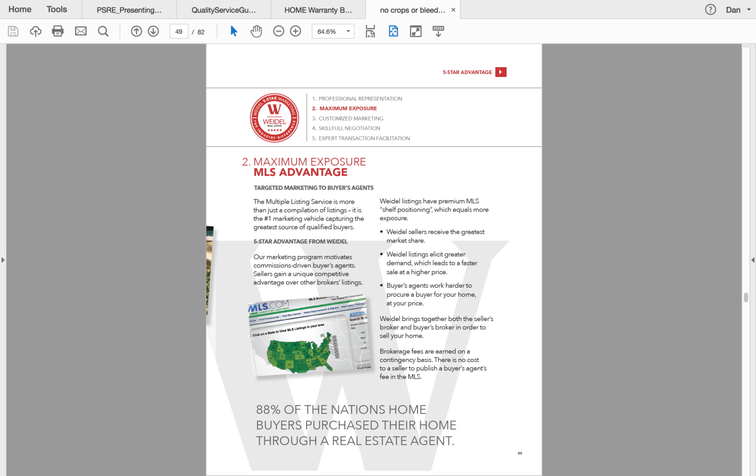If we are compensating the buyer's agents at a 3% level, that's not a bonus, but it is at an adequate level to incite their interest, then buyer agents, if they see that it is a Weidel 5-star house, will want to sell Weidel homes. So hopefully that makes sense to you, and I believe that it'll make sense to your sellers.